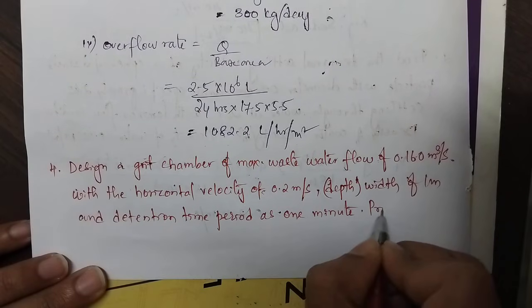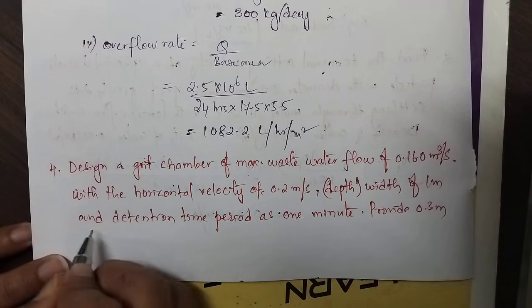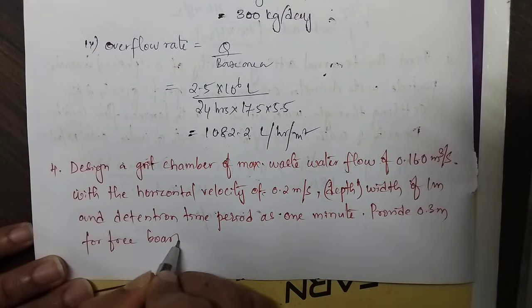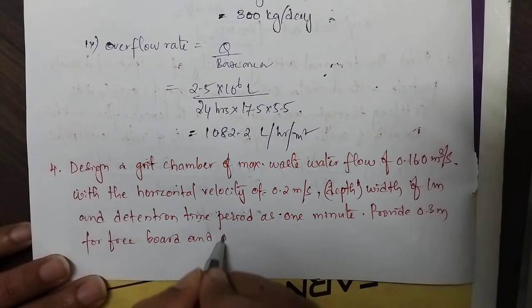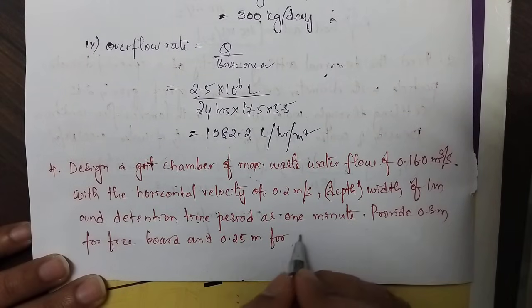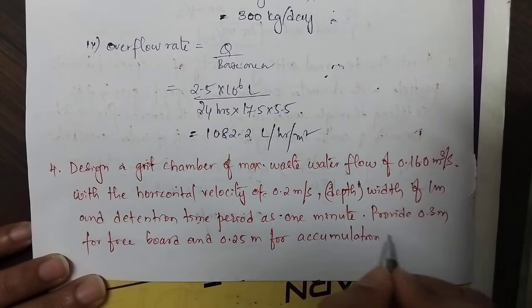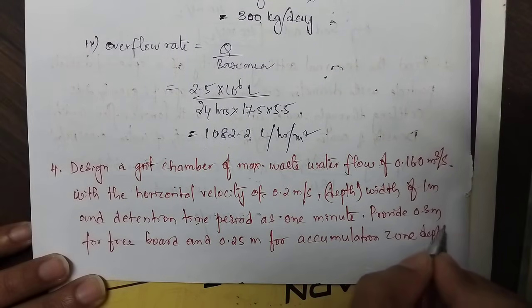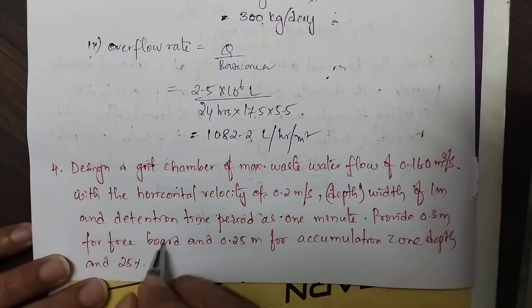Provide 0.3 meter for freeboard and 0.25 meters for accumulation zone, and 25% additional length.